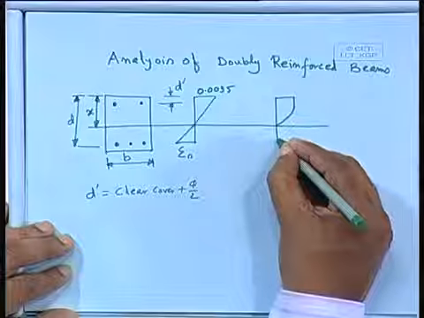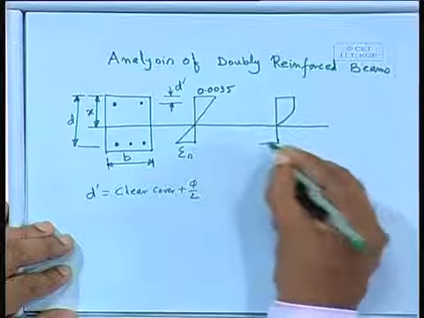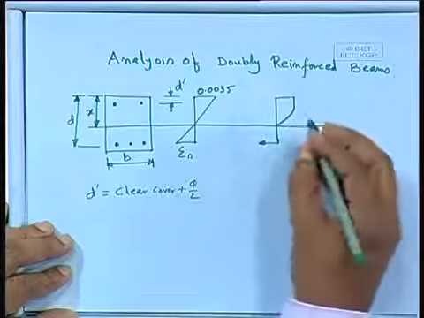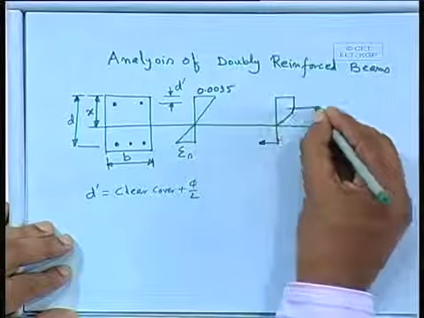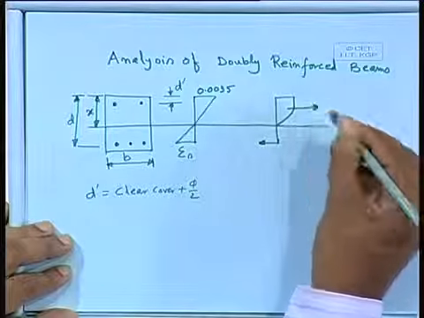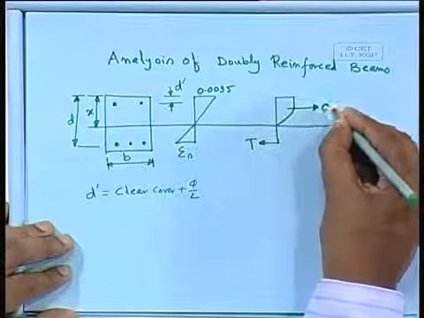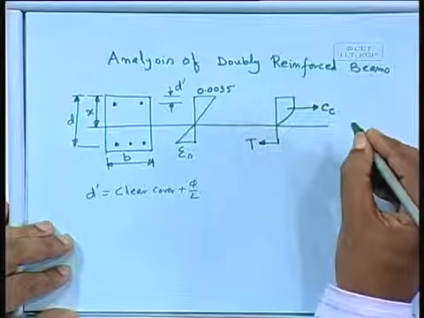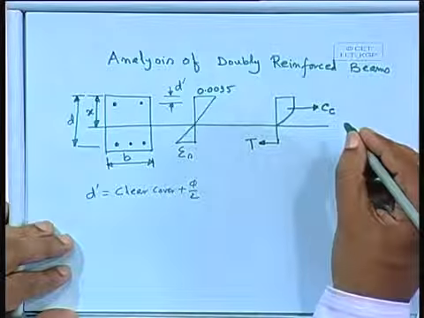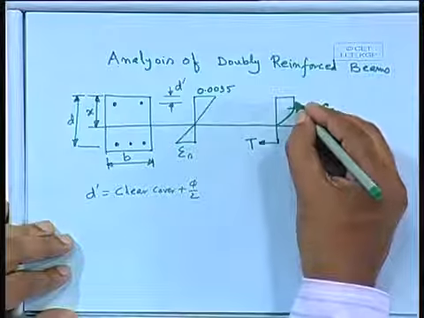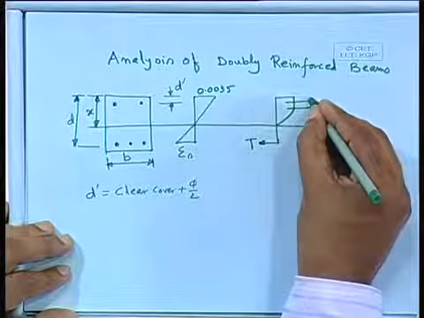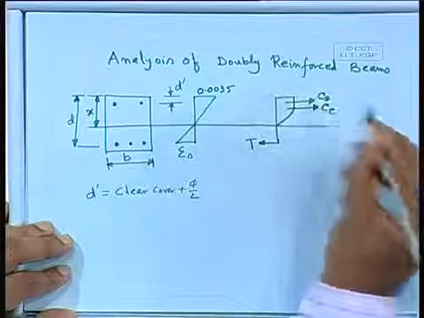We shall get the curve. We have, let us say, this is T, Cc due to concrete only, compressive force due to concrete only, and we have Cs.